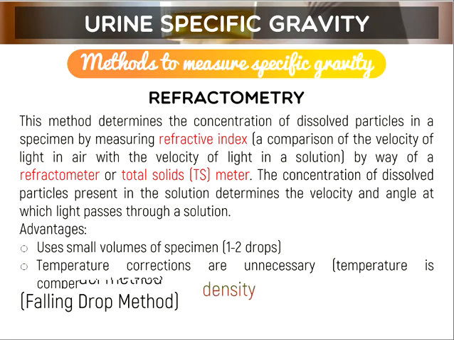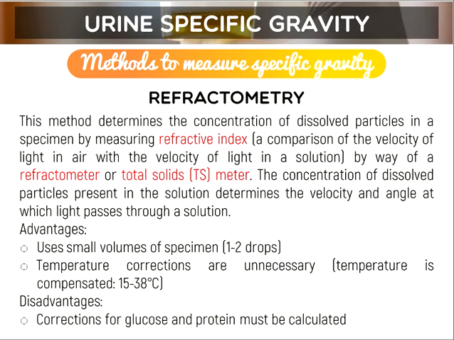So, as I've said earlier, it measures the refractive index of dissolved particles. The concentration of dissolved particles present in the solution determines the velocity and angle at which light passes through a solution. Its advantage is that it uses a small volume of specimen, only 1 to 2 drops, and temperature corrections are unnecessary.